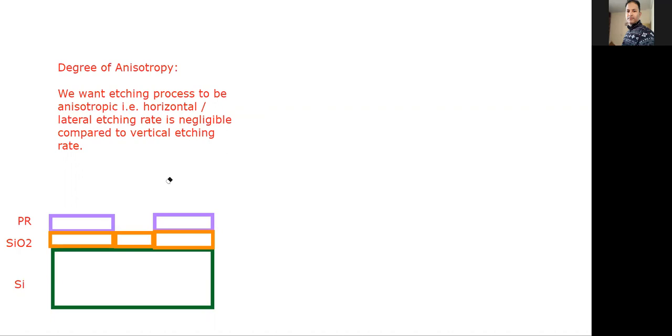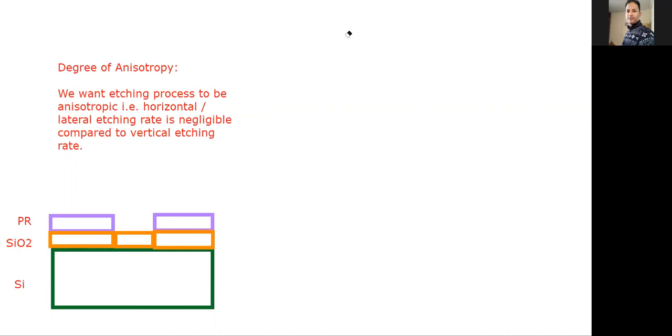Anyway, it is clear to you that the green layer is silicon, the orange layer is SiO2 and the purple layer is photoresist.